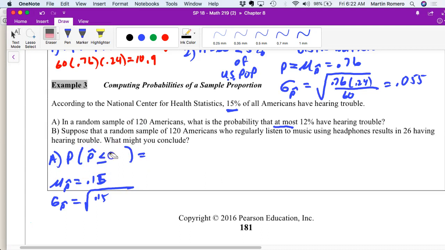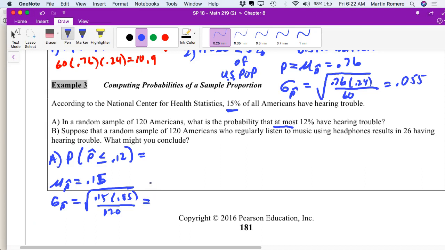I'm all messed up here. This is not p hat. P hat is at most 12%. I got the 120 because the numbers are similar. So it's 0.15 times 0.85 divided by 120 in this case. So that's what we need, that value there.